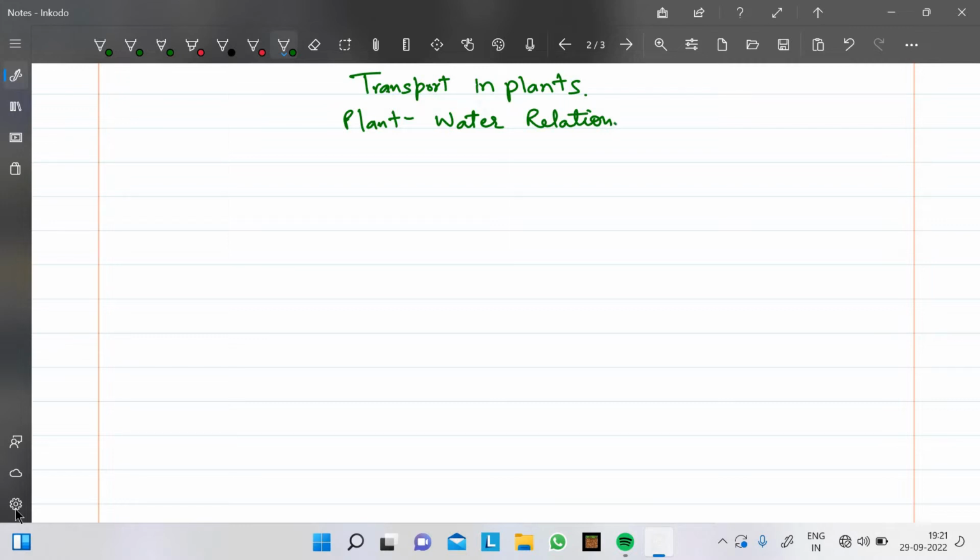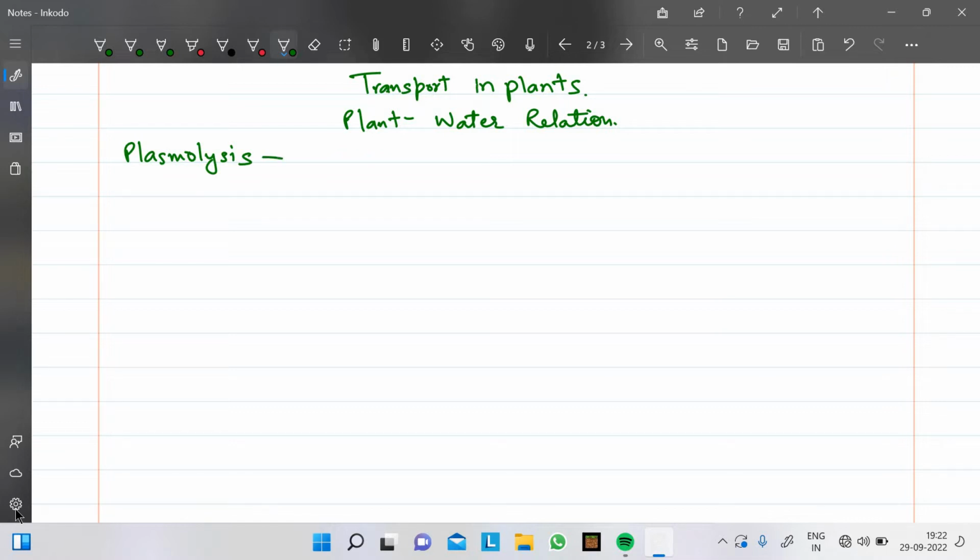In my last section, I was discussing the terms associated with plant water relation. Today I will discuss the last term associated with plant water relation, that is plasmolysis, and then after that I will discuss some questions based on NEET and on NCERT.